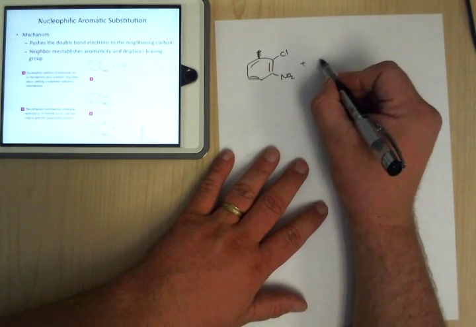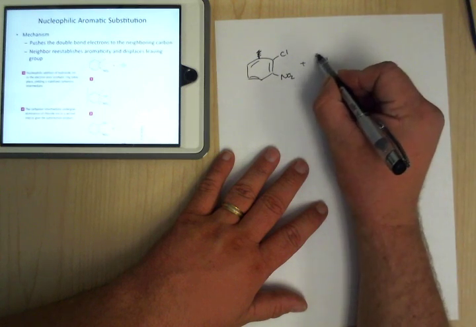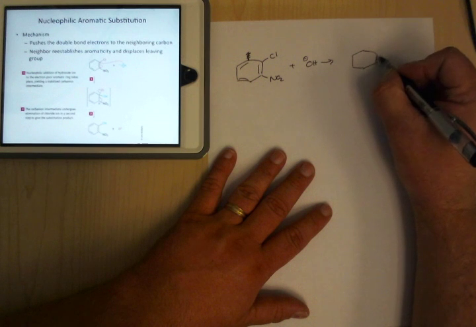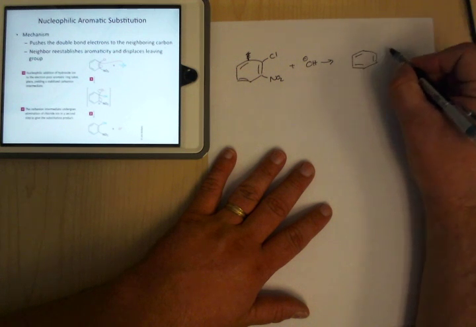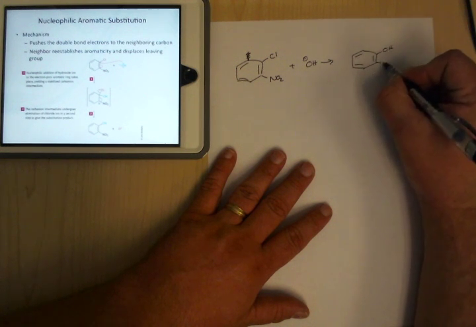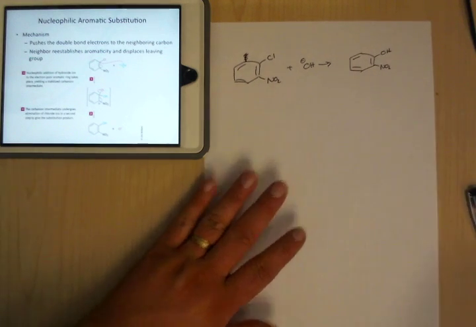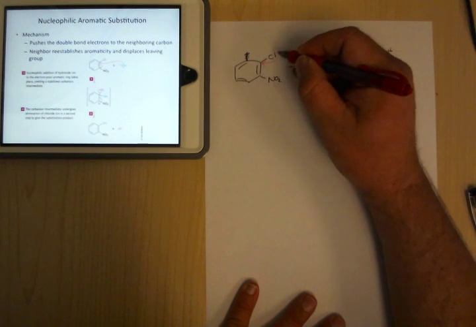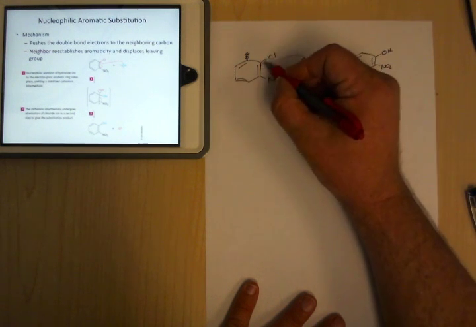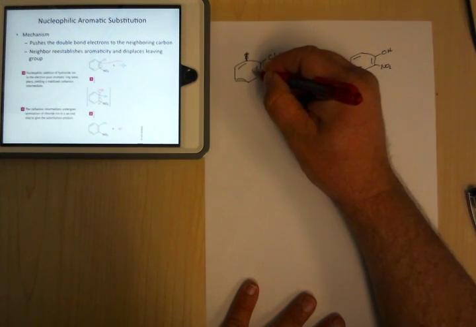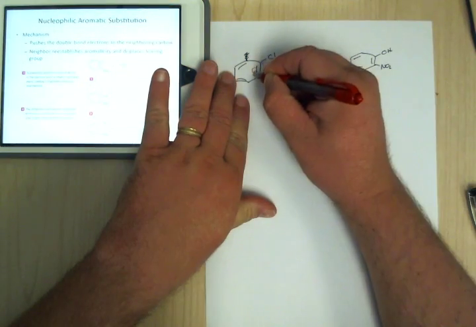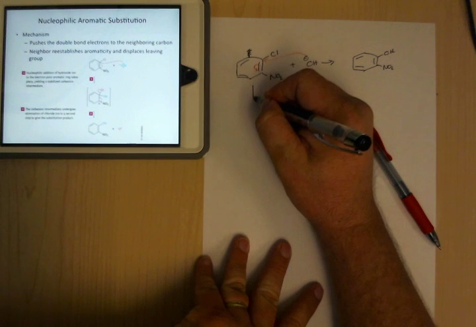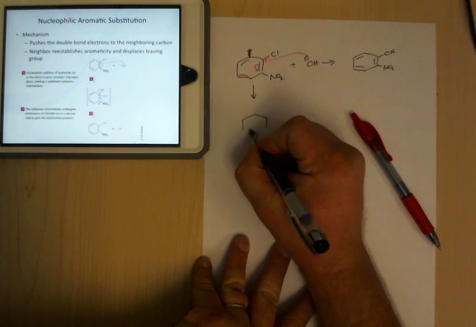What's happening is this guy is still attacking at that carbon, but again, we have 4 bonds here. So this is getting pushed down, sort of springing, pushing down to form this.